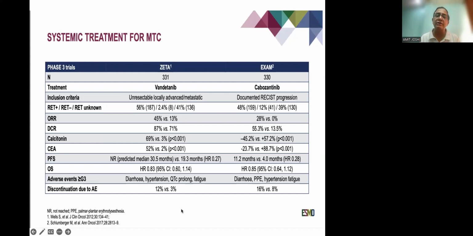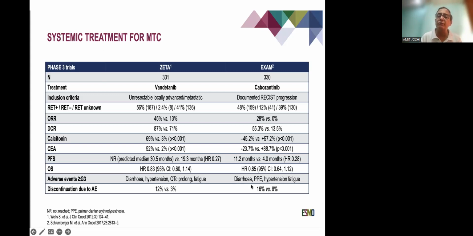As we discussed for differentiated thyroid cancer, medullary thyroid cancer in the majority of patients may have an indolent course, and the disease might not progress that rapidly. The disease may remain in control without any treatment for a sufficient period of time, and whether starting these TKIs in that patient will really help, we all know that it might not.